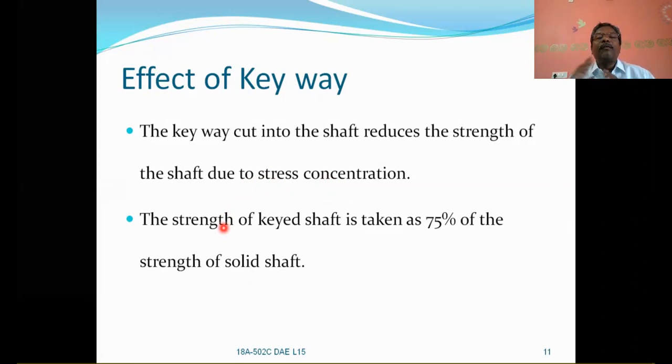That is the effect of the keyway. That means 25% of the strength is reduced due to cutting of the keyway in the shaft.